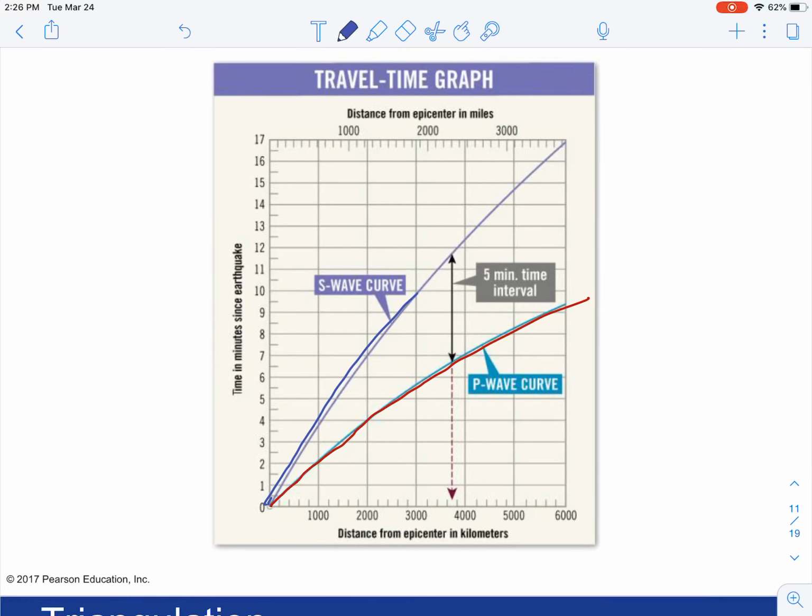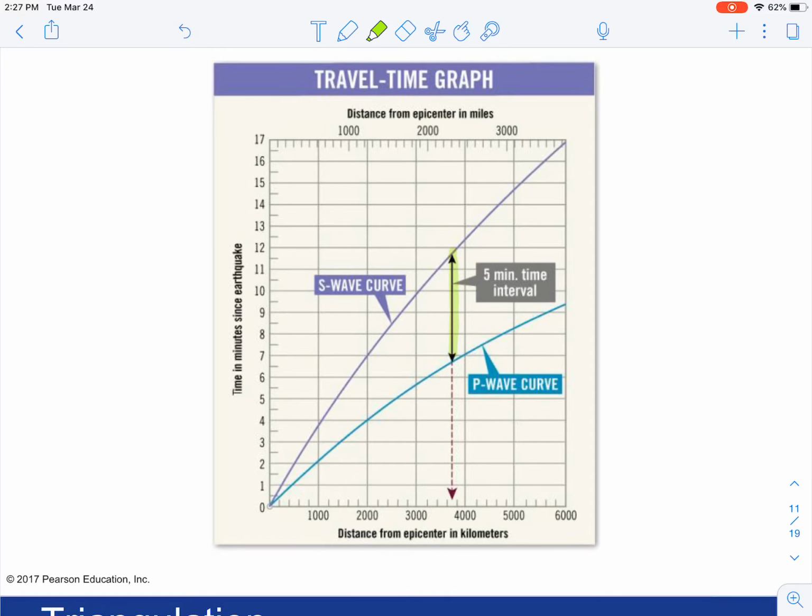You can just look at those 2 lines. The blue line is the P wave travel time, and the purple line is the S wave travel time. And so what we're looking at there is the difference in time between those 2 velocities.